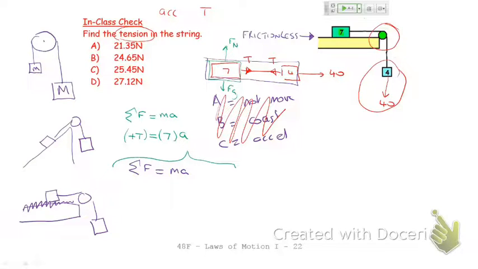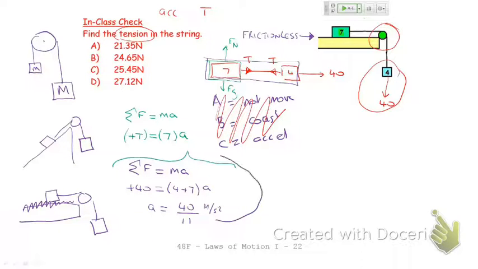And I say, plus 40. There's no external force. T's not even included in this one, is equal to the mass. And the mass is 4 plus 7, because it's both masses times A. So A is equal to 40 over 11. 40 over 11 meters per second squared.